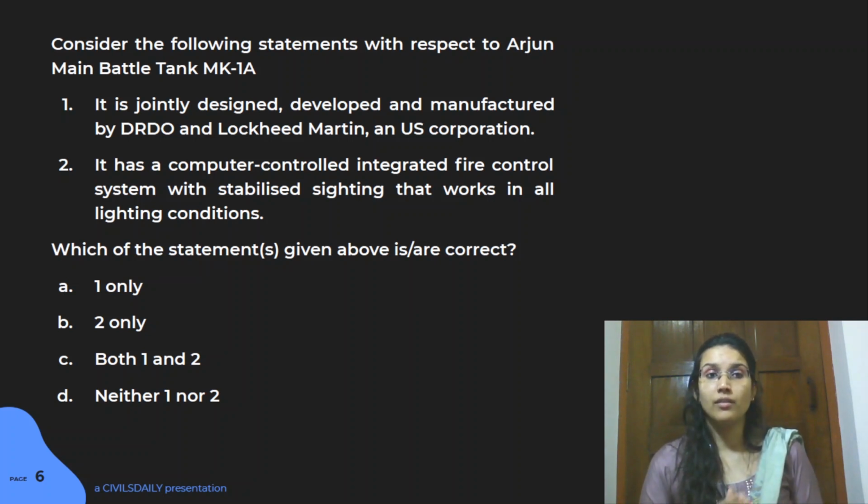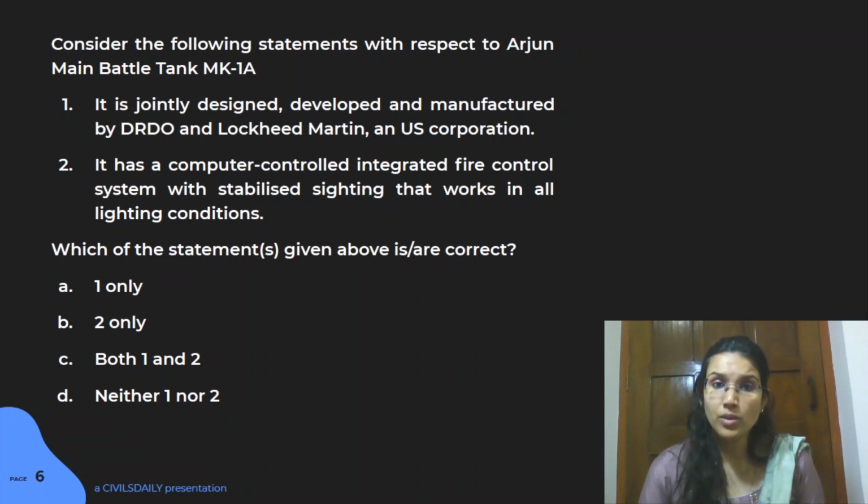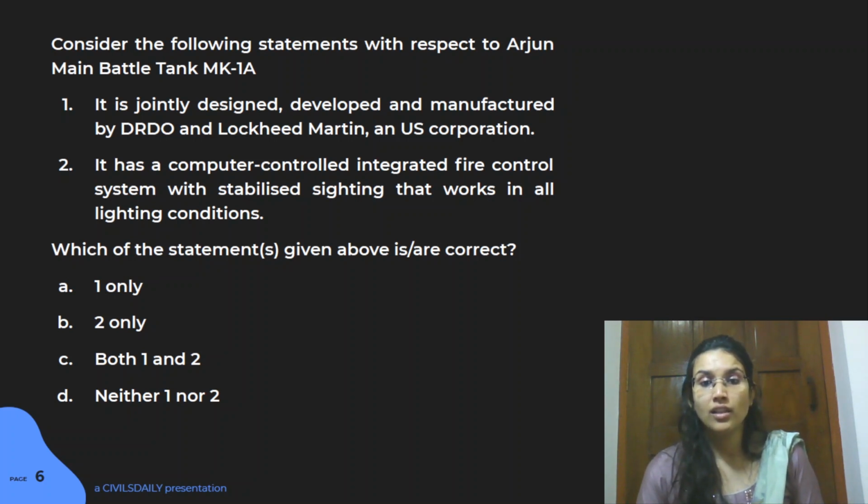But when we started work on this, that kind of contribution for indigenous production increased. So yeah, statement 2 is right, that it has a computer controlled integrated fire control system. In fact, the missile firing capability as part of design was added later on.